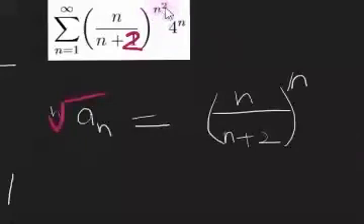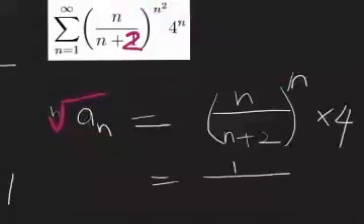When you take the nth root, we can get rid of one of the n's, and here you have 4, so this is (1 plus 2 over n) to the power n, times 4.